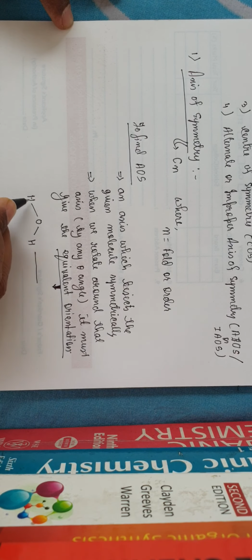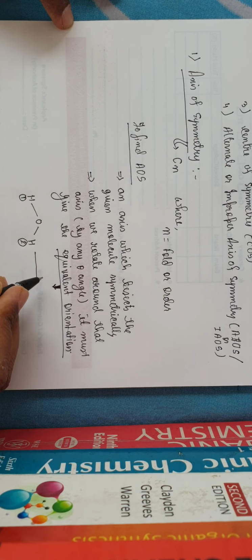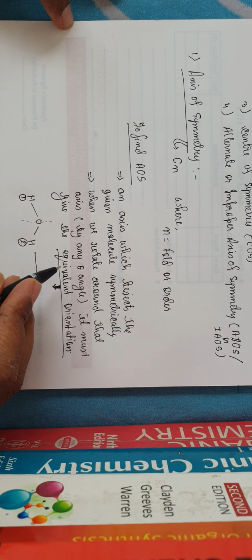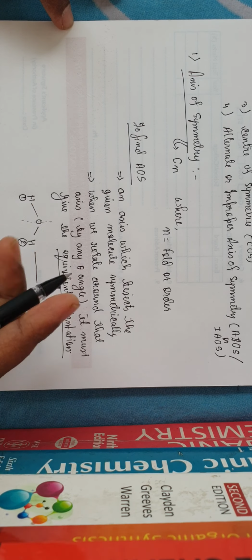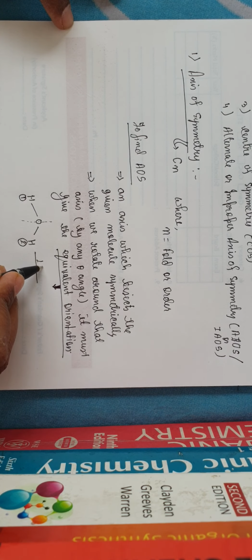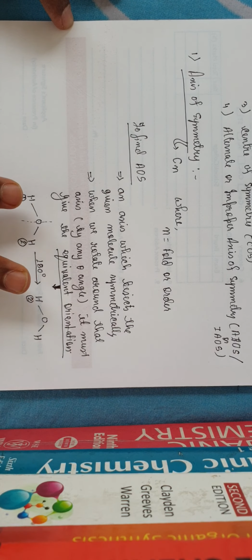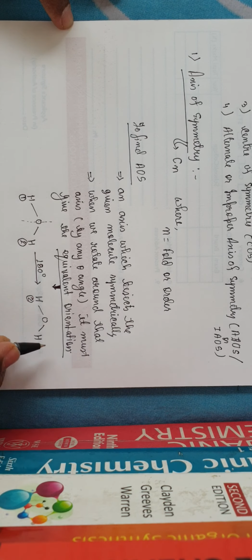If I name one hydrogen number 1 and the other number 2, and I take this as an axis and rotate the molecule by 180 degrees, then I will find HOH where the second comes at the place of 1 and 1 goes to the place of 2.